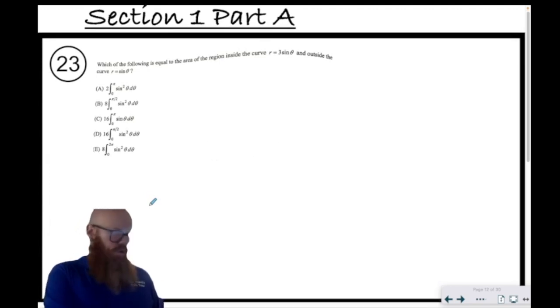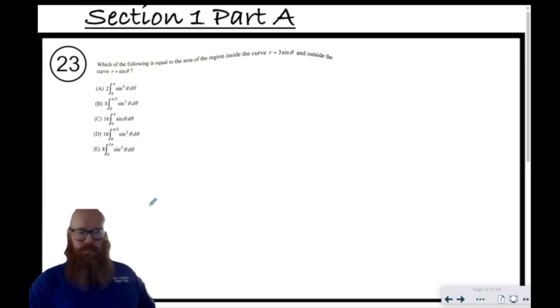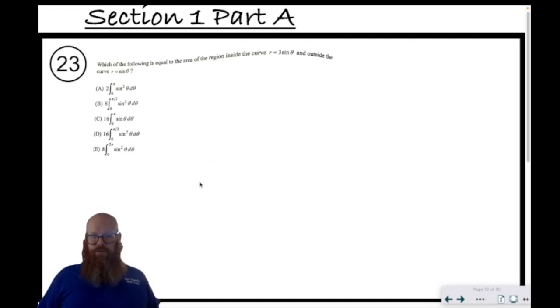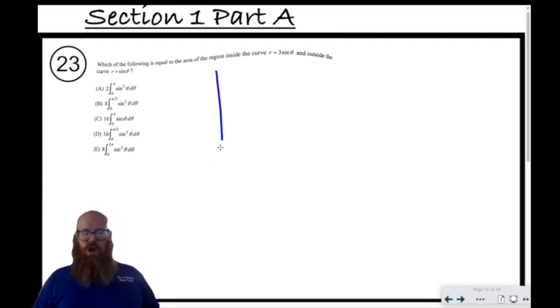All right, number 23. Which of the following is equal to the area of the region inside the one curve and outside the other curve? Okay, so if we try to picture these, we should know that these are both circles.